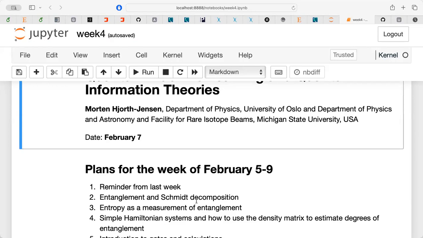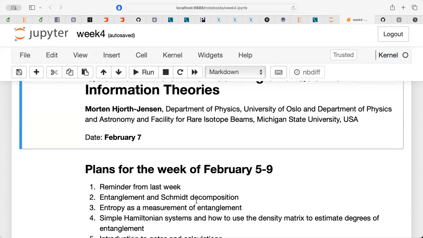Keep in mind that there are many ways to define this entropy or measures of entanglement. We will stay with a common way of doing that, which is called the von Neumann entropy, which is the quantum mechanical equivalent of the classical Shannon information entropy.